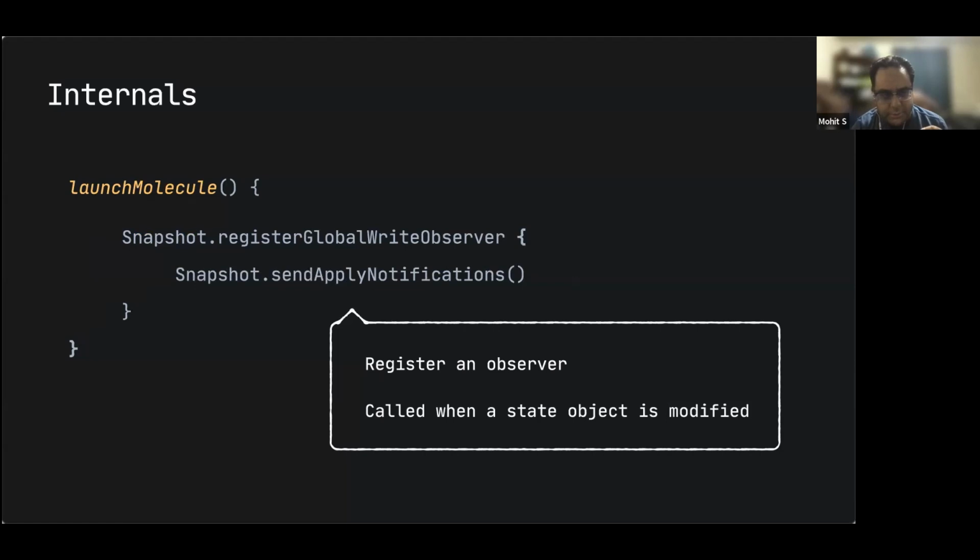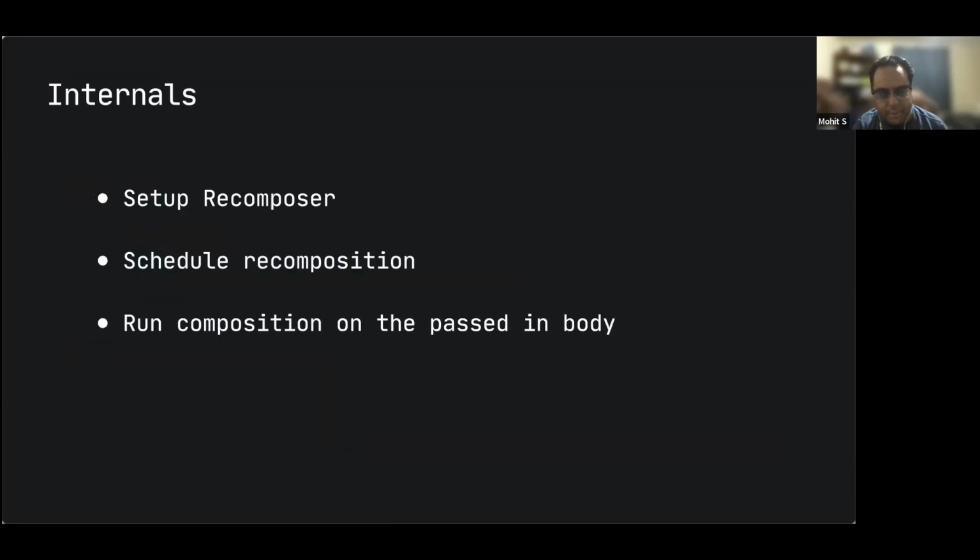There is an API that the library provides to register a global listener. When does this listener fire? It fires when a state object is modified, and it informs you to run your own logic when that happens. This is the most important thing it does: it registers an observer for that.